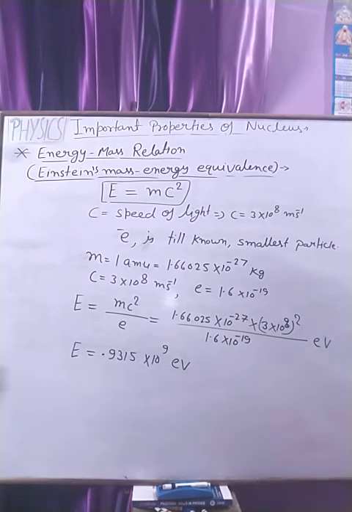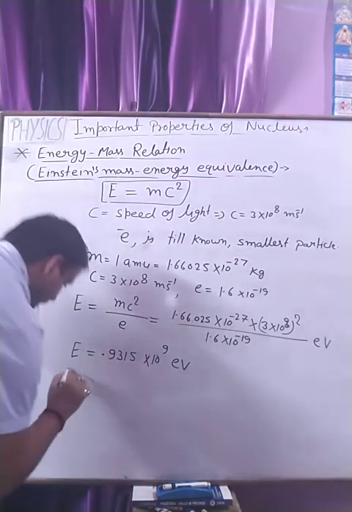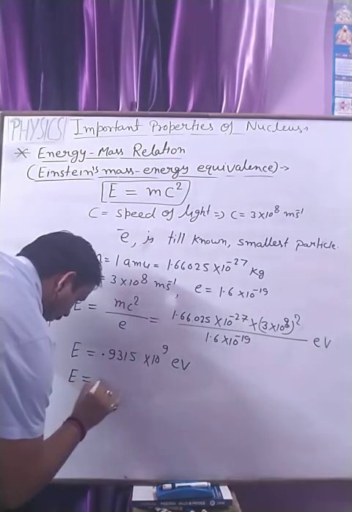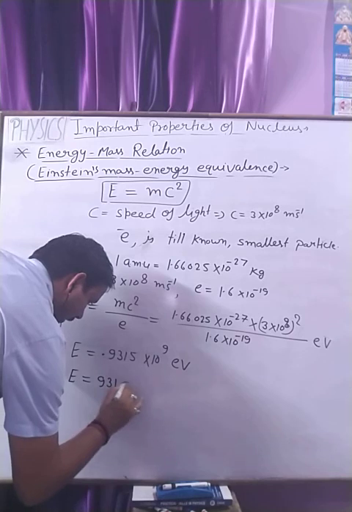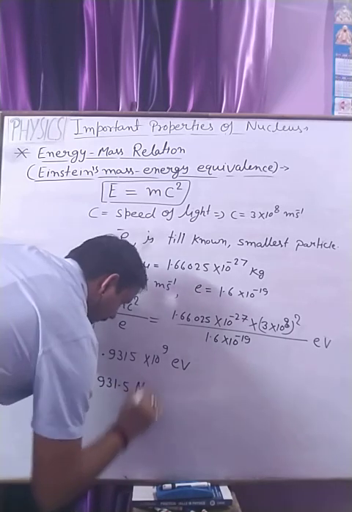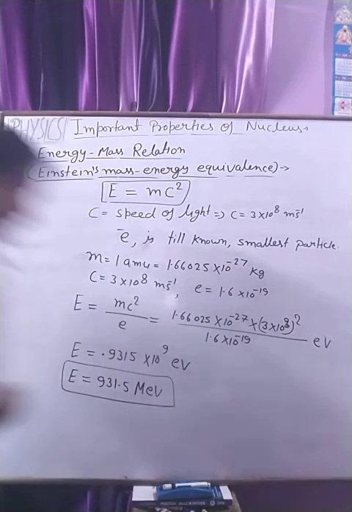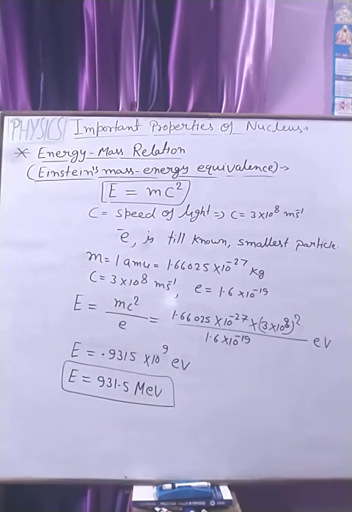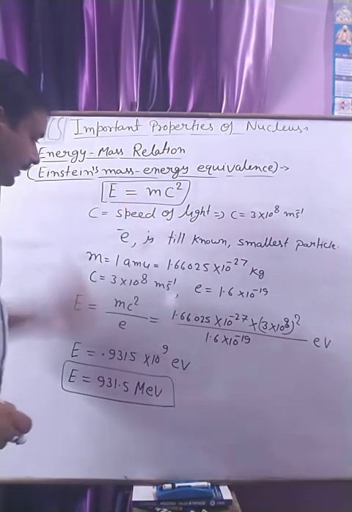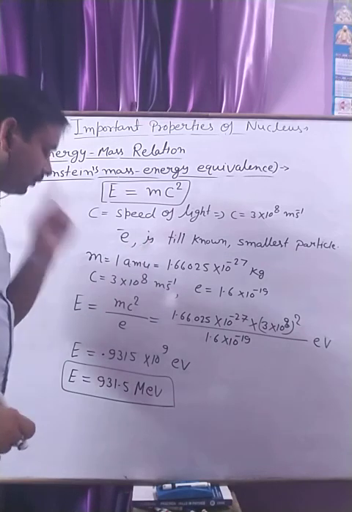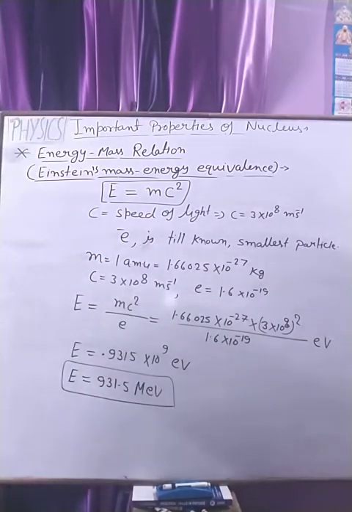Okay, then we can write E is equal to 931.5 mega electron volt or million electron volt. This is the energy of a particle of mass 1 AMU or 1 atomic mass unit.